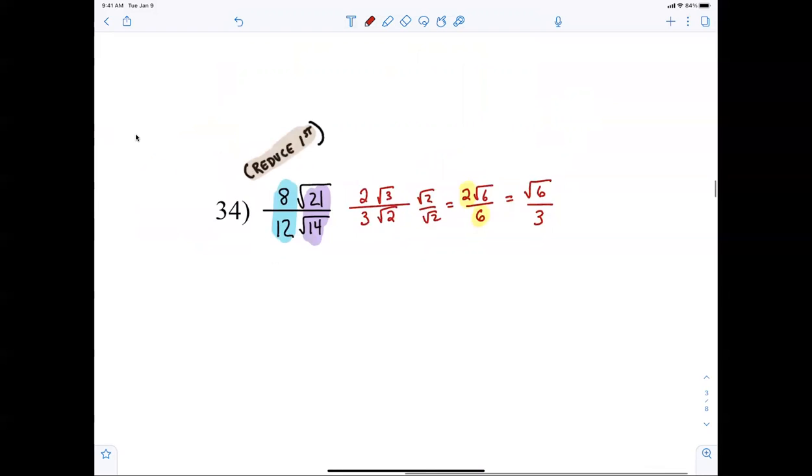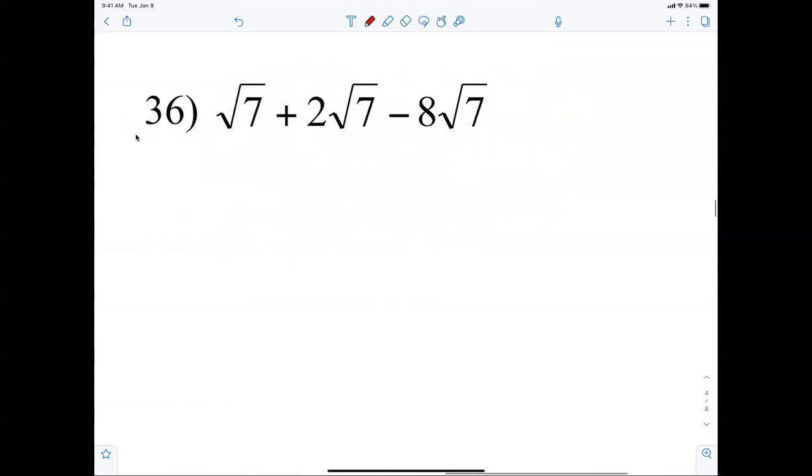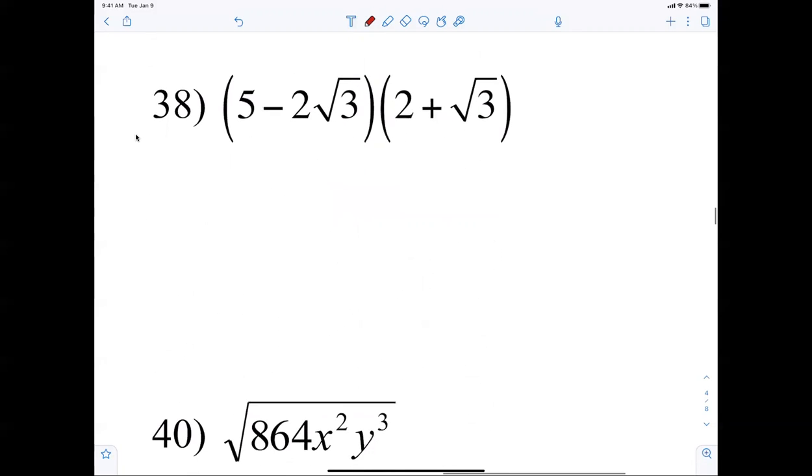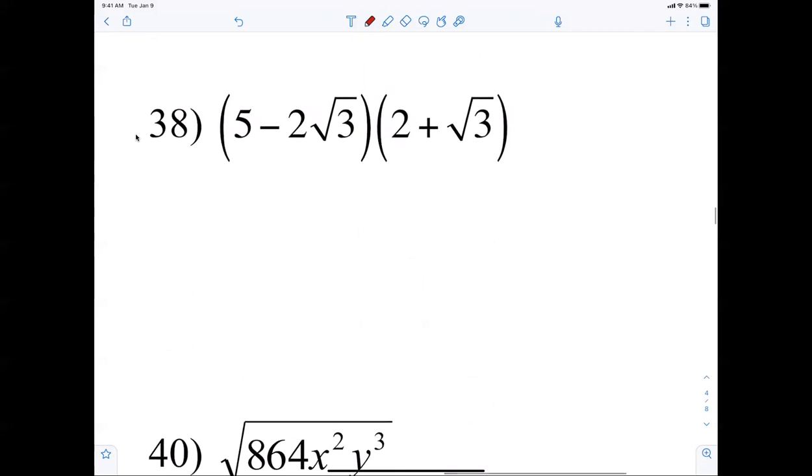All right, here we go. 36 again. Negative 5 radical 7. Oh boy, I hate these ones. All right, here we go. 5 times 2, first one. What is it?